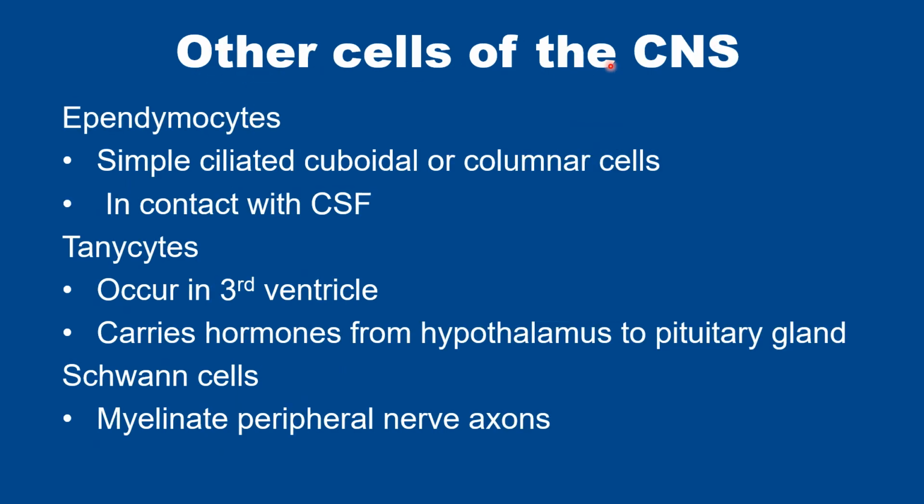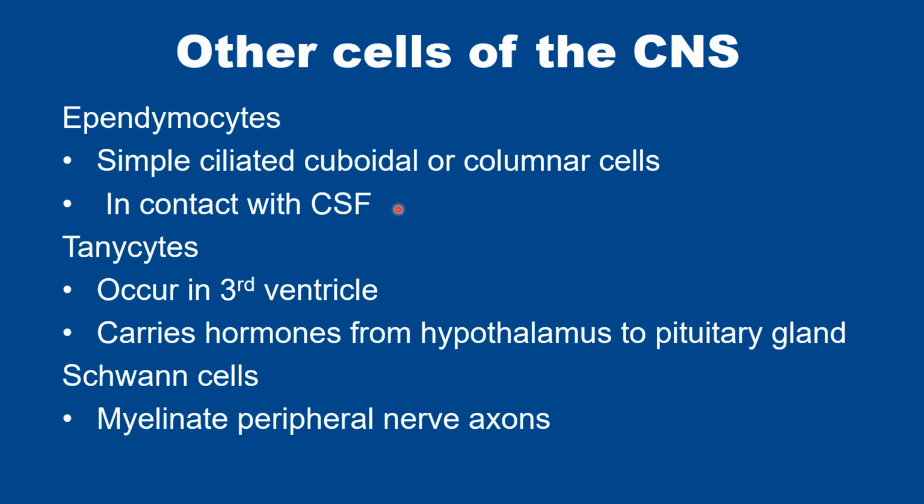The other cells of the nervous system are the ependymocytes, tanycytes, and the Schwann cells. The ependymocytes are simple ciliated cuboidal or columnar epithelial cells lining the ventricle or the central canal of the spinal cord, and they lie in contact with the CSF.